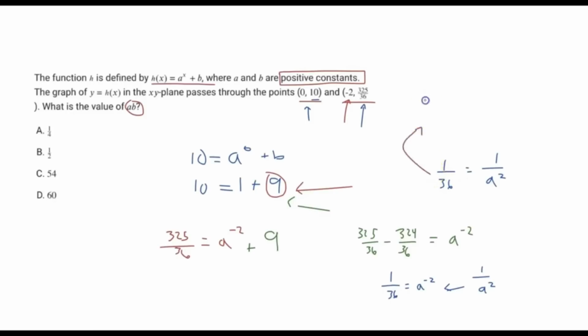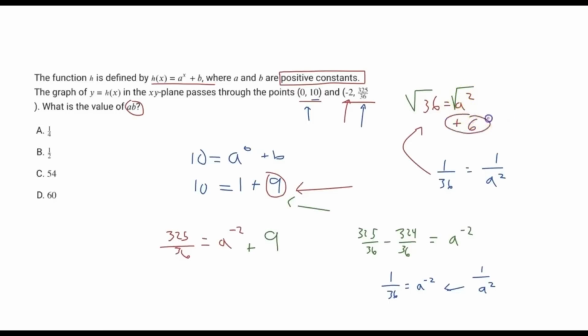So this in reality really is just 36 equivalent to a squared. So now what we can do is just solve for a by taking the square root of both sides. And on the SAT, when you manually take the square root of something, you are taking the principal square root, and therefore you only want the positive solution. And so instead of -6 and 6, it's just going to be +6 as our final answer.